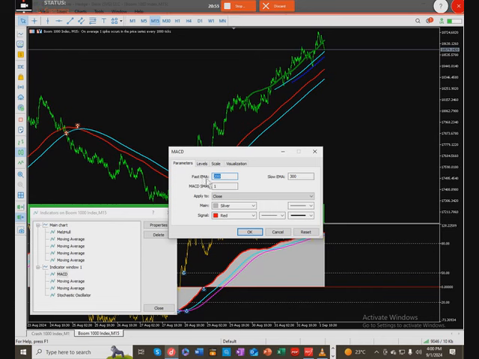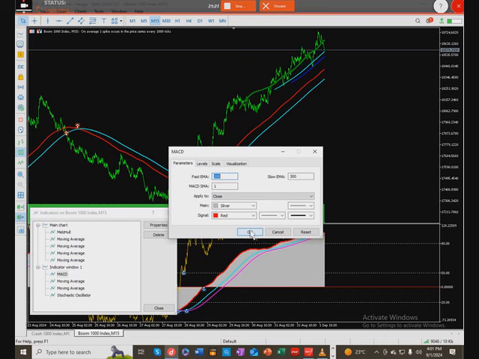That EMA stands for exponential moving average, and that SMA stands for simple moving average. And we apply to close. Yeah, that's it, ladies and gentlemen.